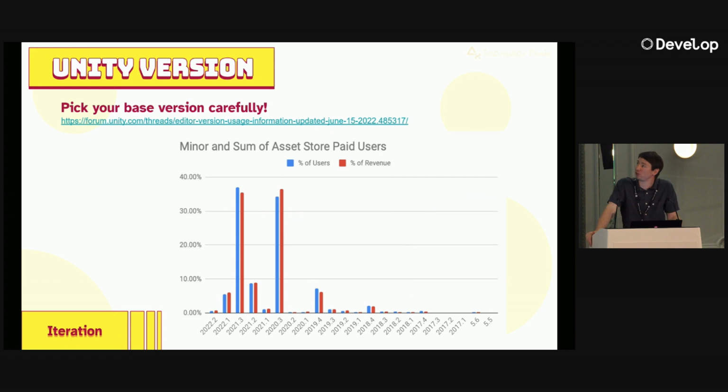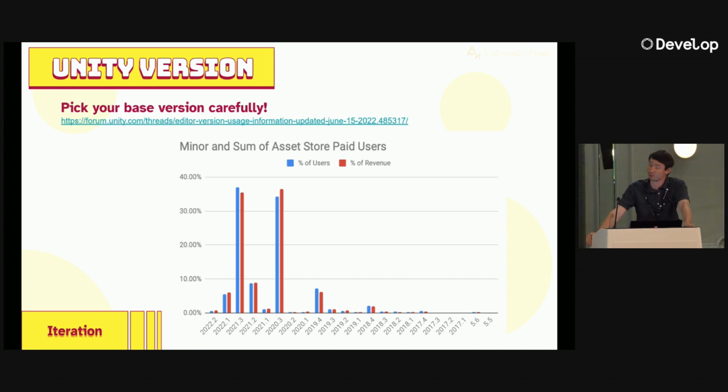So an early decision you often have to make is picking your base Unity version. Obviously, lots of users run lots of different versions of Unity. I had a much more complicated slide here, but as of last month, Unity have said you can only release new assets using 2019 or later. So all these people here, 2018 people, sorry, you're out of luck.